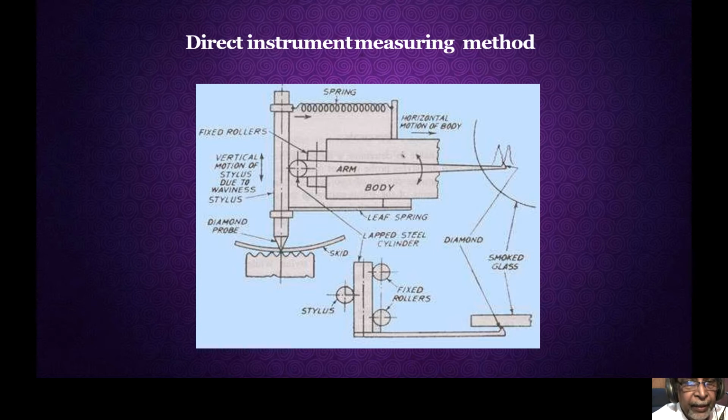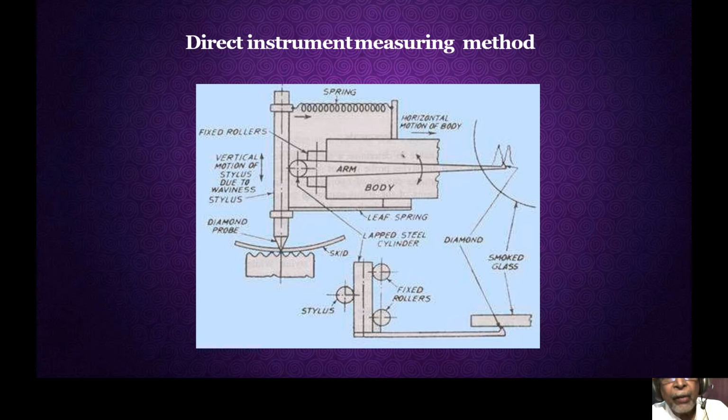So what happens here, you can see at the top there is a spring. It is attached to a vertical bar, and the spring tries to move the bar towards the right side. At the center there is some body. Over the body, an arm is there. This arm consists of a pointer at the end.